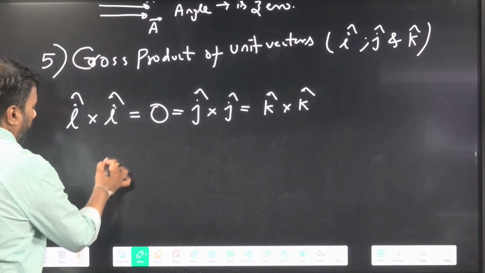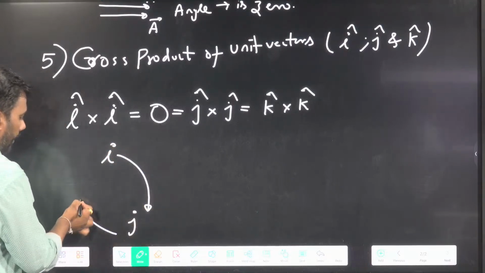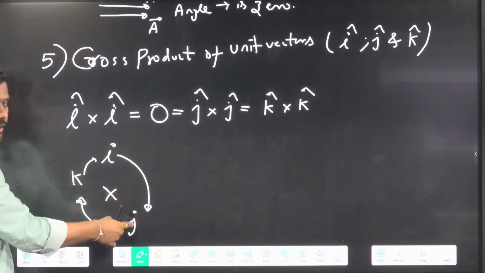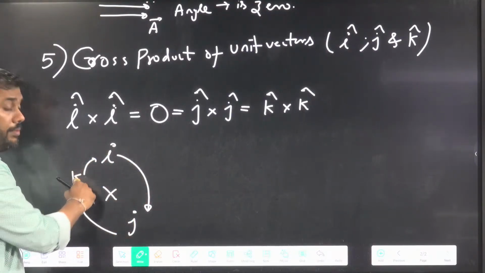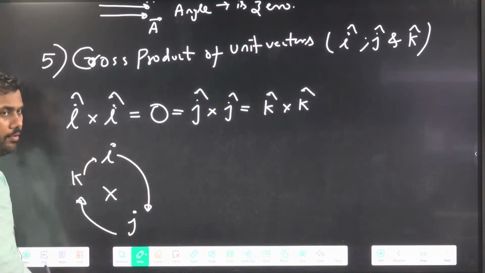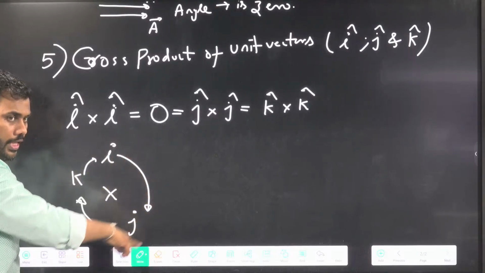But if I multiply i with j, I get k. If I multiply k with i, I get j. If I multiply j with k, I get i. There is a cyclic law. See, we are going in the direction of the clock.